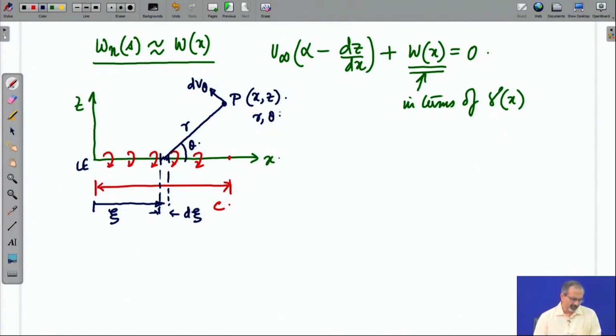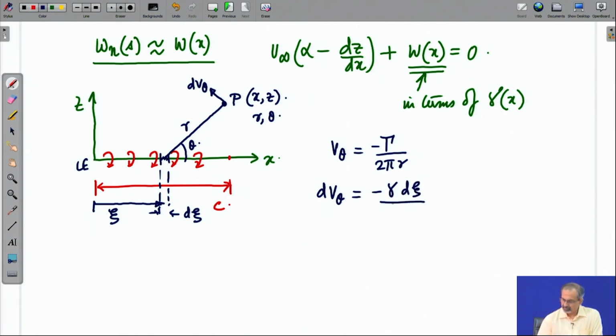Now, we know from the concept of point vortex that we can calculate v theta for a point vortex using an equation like this. Here we have a very small vorticity within that d xi length, which can induce a very small extent of v theta that will be given by this value.